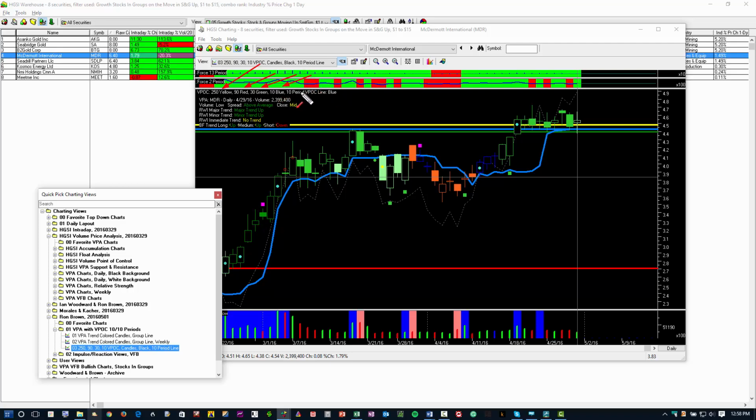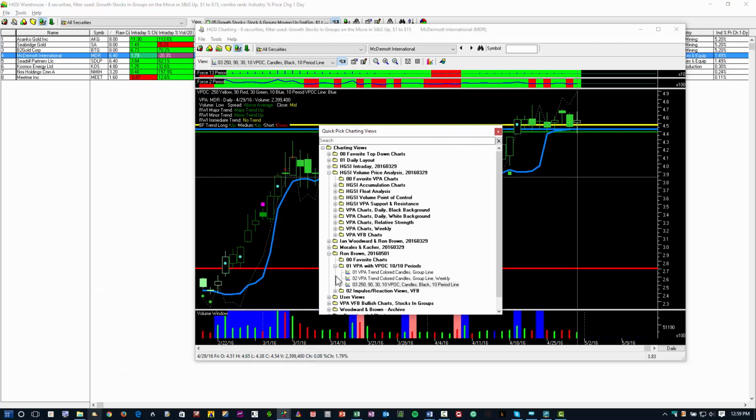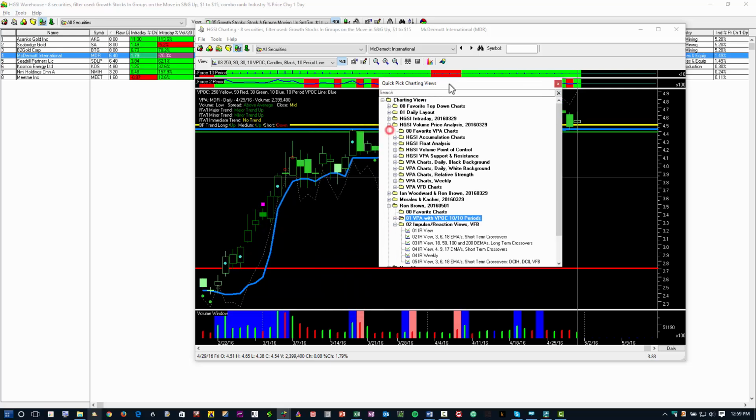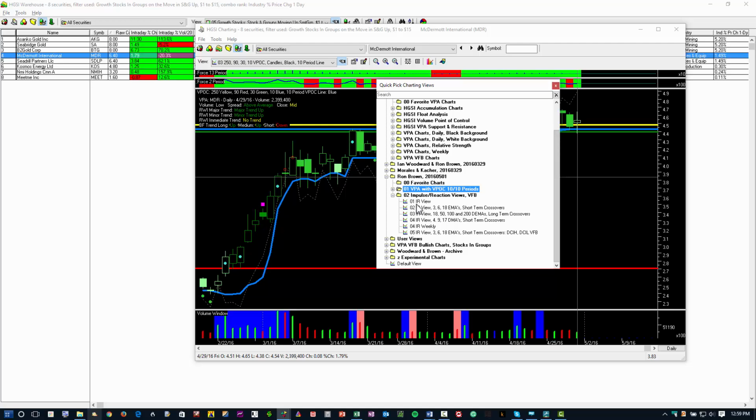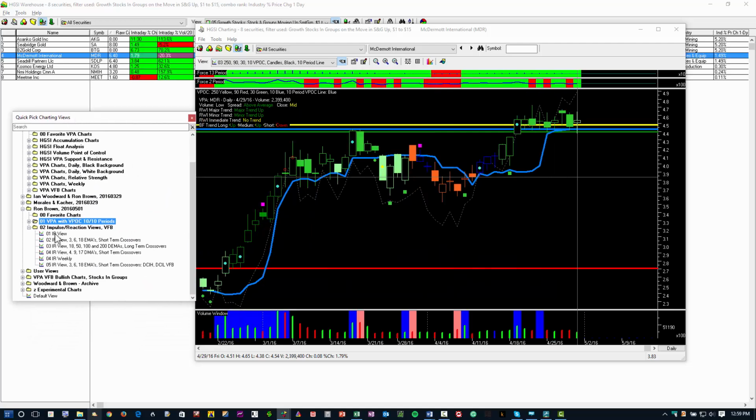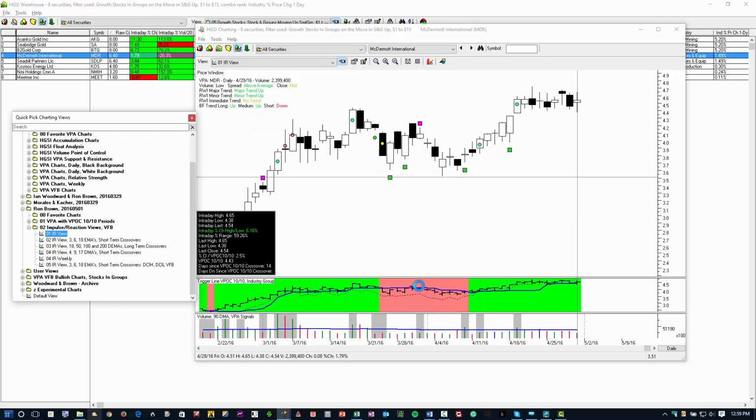We have the line, we have the horizontal line, and also where the 10 period volume point of control was in the past, and notice they merge up here at this point. So that should be plenty of charts, but I am working on, like I said, an impulse reaction system, and these are some of the views that I'm going to go ahead and put in here. They won't do you much good now, but you may want to use them.